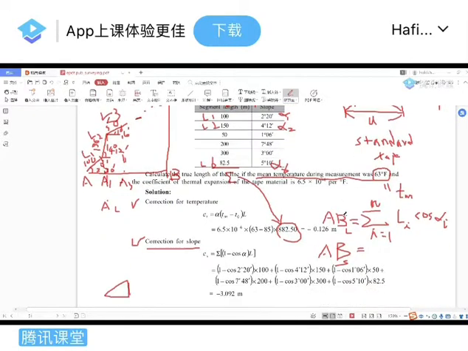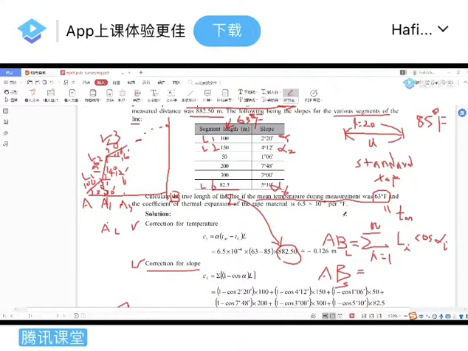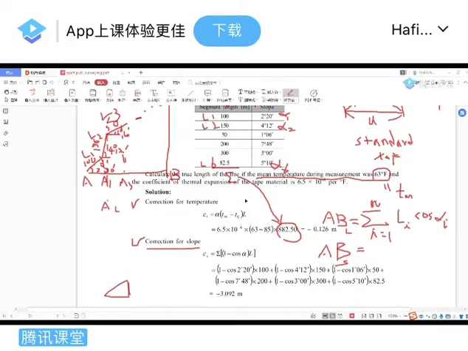If you correct the whole measurement straight away, it's easy. You just use AB L times your correction. What I mean is you have alpha, the thermal expansion coefficient, and then times Tm, your mean field temperature, minus T naught, your standard temperature.